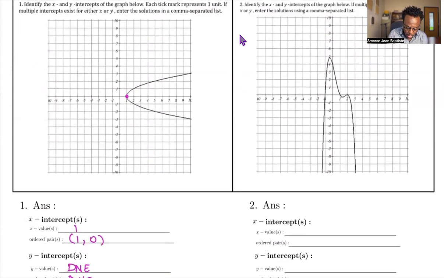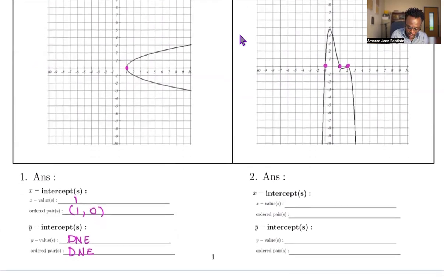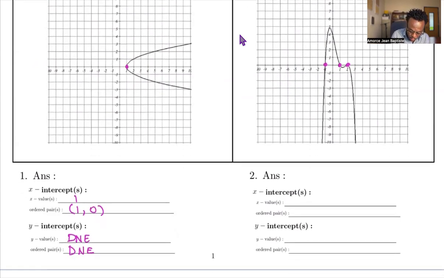In the second graph over here, we have a crossing of the x-axis. It crosses the x-axis here and here. We have 3 intersections with the x-axis, so we have 3 x-intercepts: -1, 1, and 2.